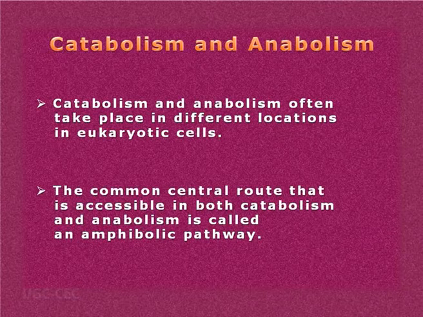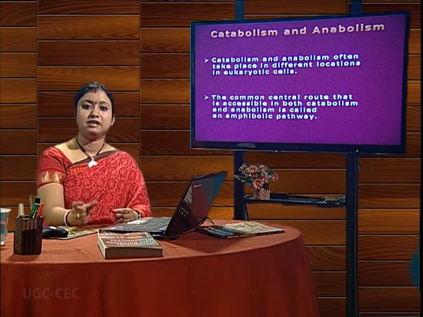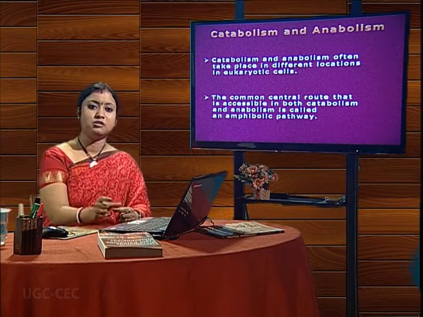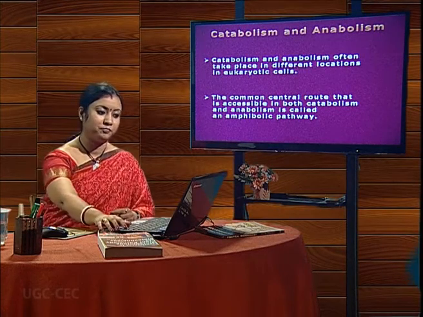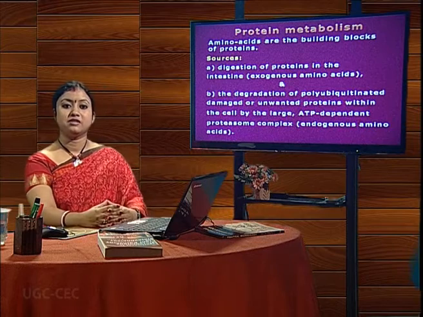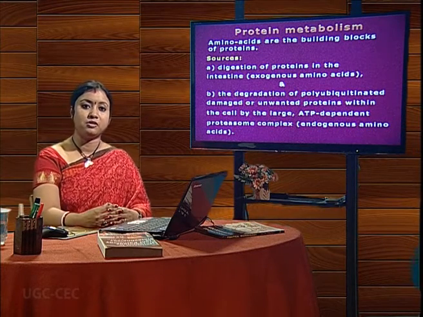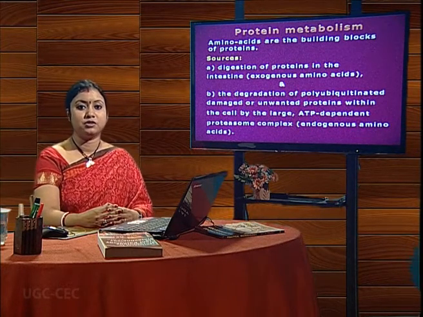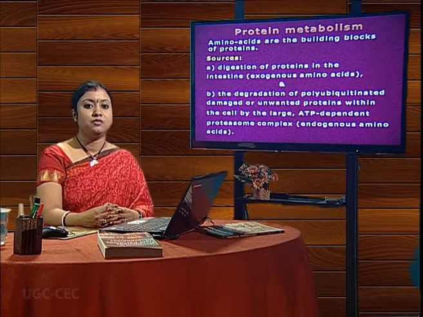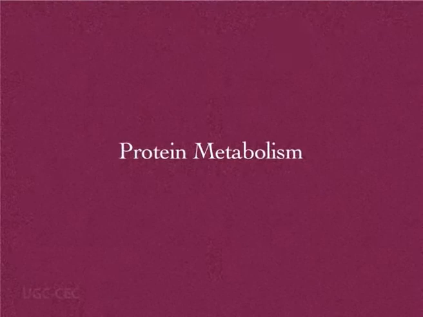But even then, there is a common central route known as amphibolic pathway which has a dual function. The word amphibolic means it can go either towards catabolism or towards anabolism. Now, after giving this brief overview of metabolism, I will now finally switch over to protein metabolism, which is my main topic of today.